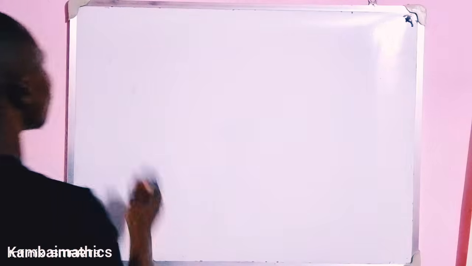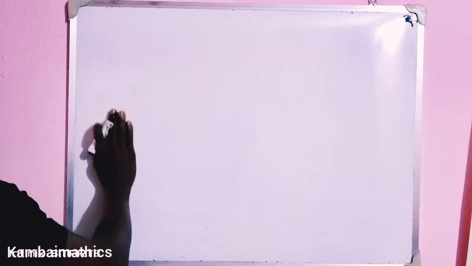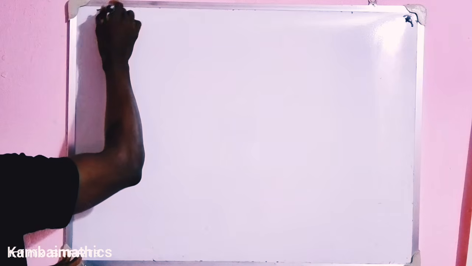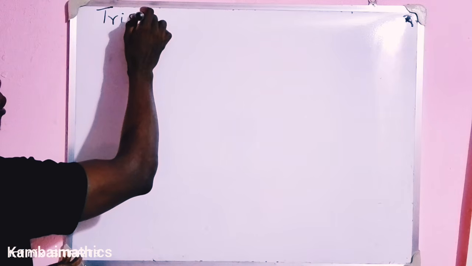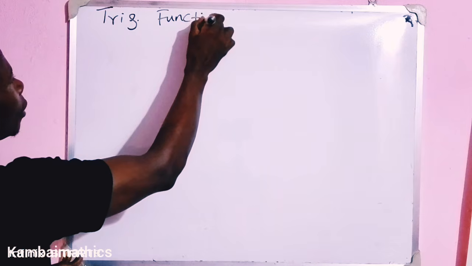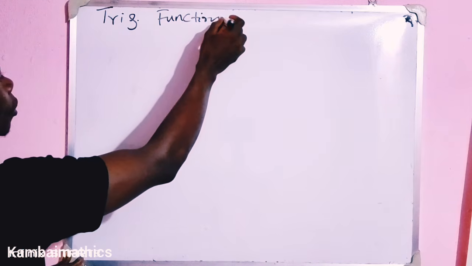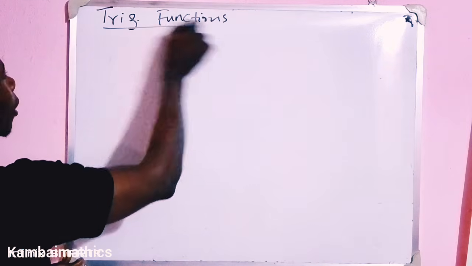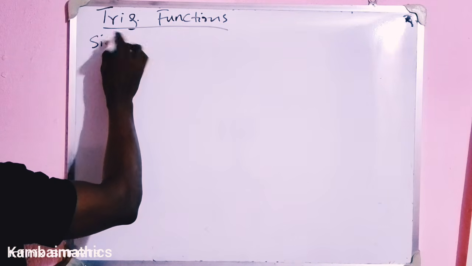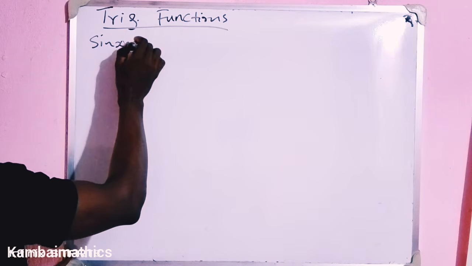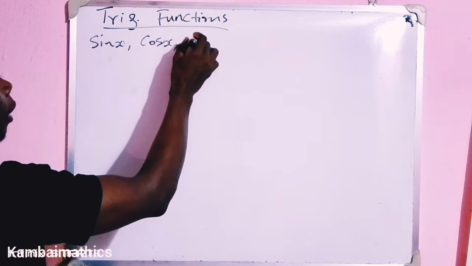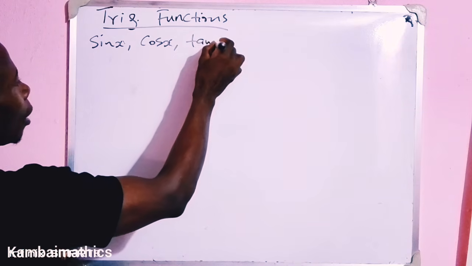Okay, so look at this. Look at what is going on here. Let's take the first one, trig functions. That is trigonometry functions, in a situation whereby you have sine x or sine theta, and then cos x, and then you have tan x.